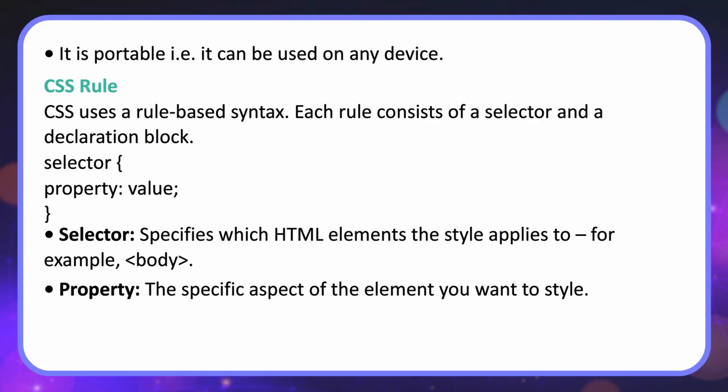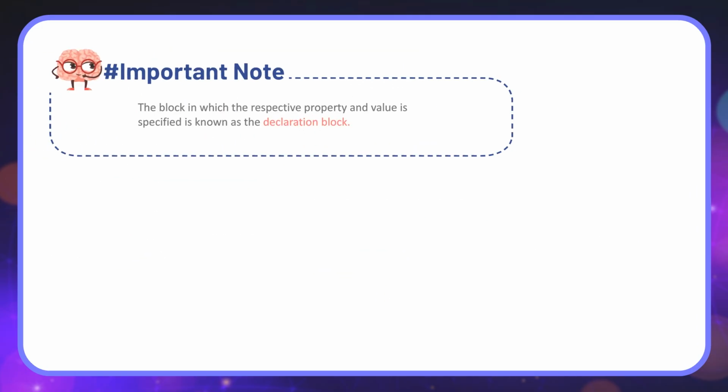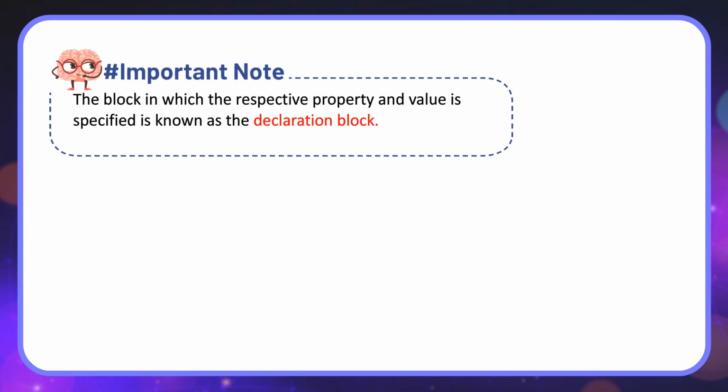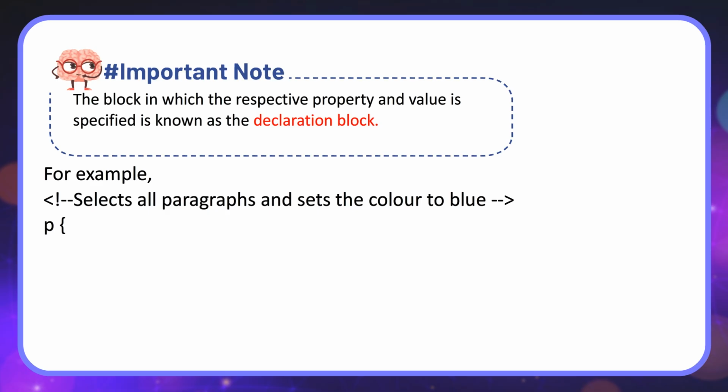Property, the specific aspect of the element you want to style. Value, the value assigned to the property. Important note. The block in which the respective property and value is specified is known as the declaration block. For example, <selects all paragraphs and sets the color to blue>. P. Color, blue.